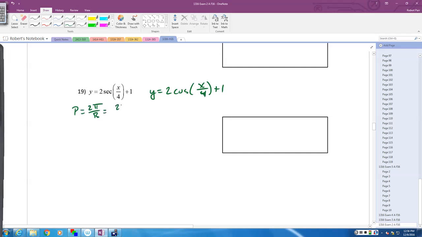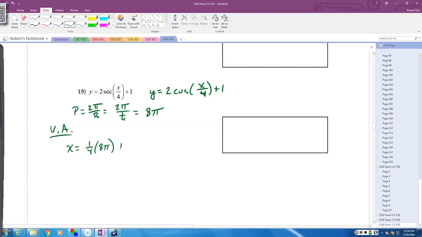Our b here is 1/4. So our period will be 8 pi. That's the period of this function. So to find the vertical asymptotes, we need to say that, well, they're going to be x equals, since there was no horizontal shift, then we just start off with nothing, but we add 1/4 of the period to find our first vertical asymptote.